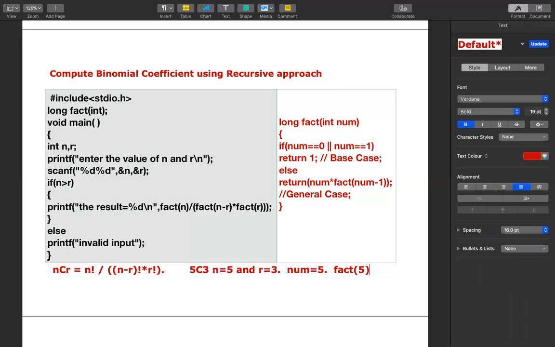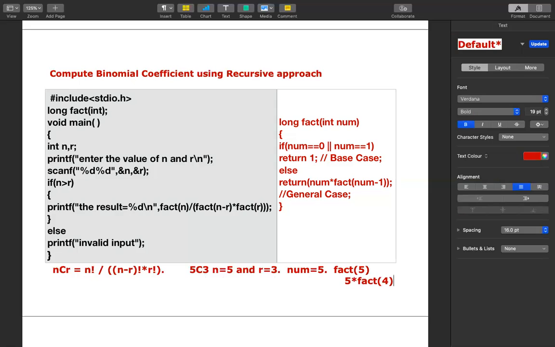To go into a general case, we need to subdivide this problem into a smaller instance, because we don't directly know the answer of factorial of 5, since it's a complicated case. So to find the factorial of 5, first we need to find 5 into fact of 4.